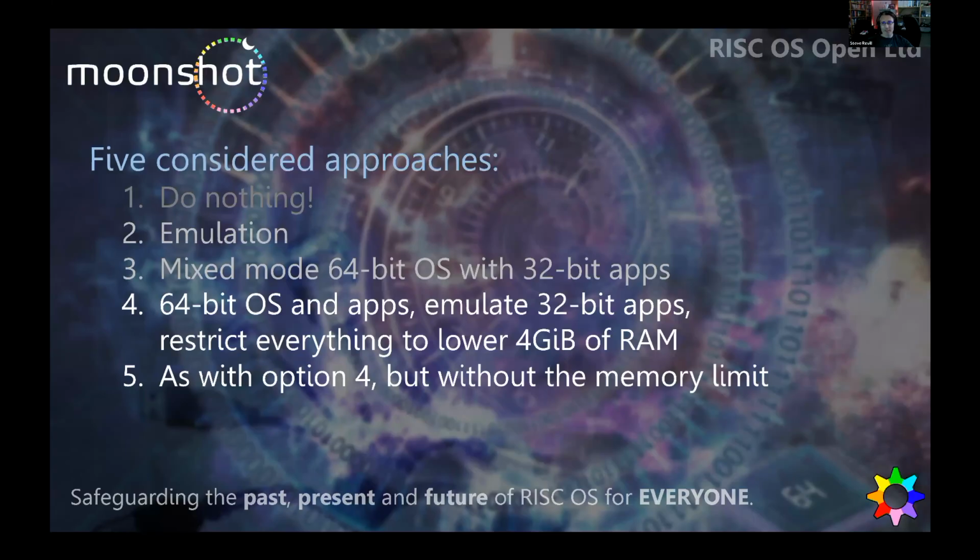And RISC OS has a 256 gigabyte limit to storage at the moment. So you'd still be stuck in that world where you buy a 1 terabyte drive, but you can only access a quarter of a terabyte of it. So this is why we're focusing on ultimately the moon, which is option 5. And we're also looking quite hard at option 4, which is a good way to the moon, but it's significantly easier.